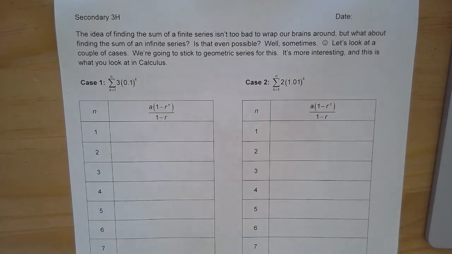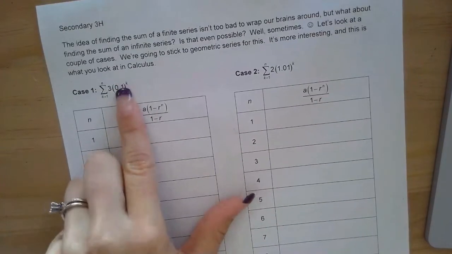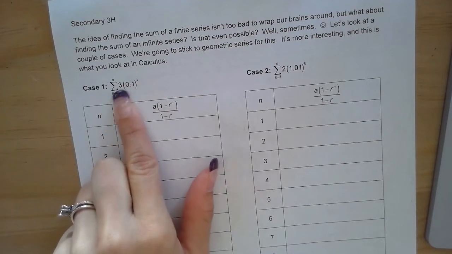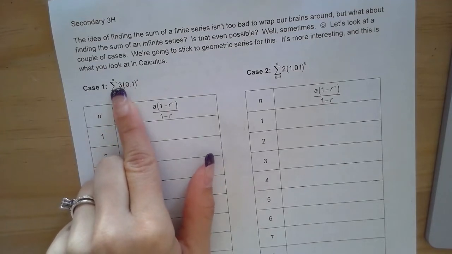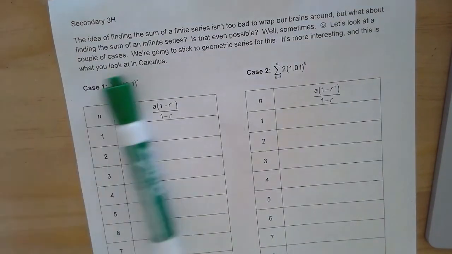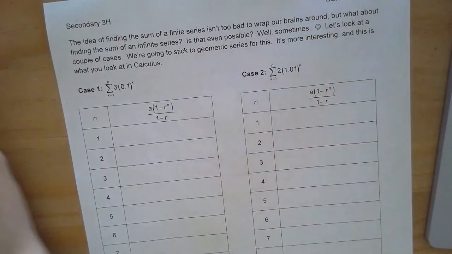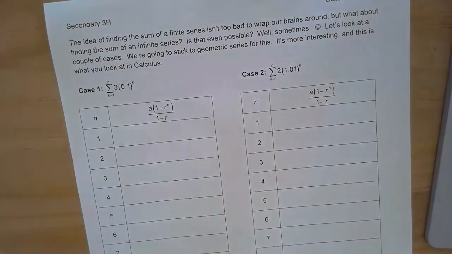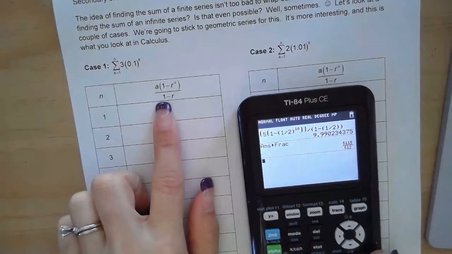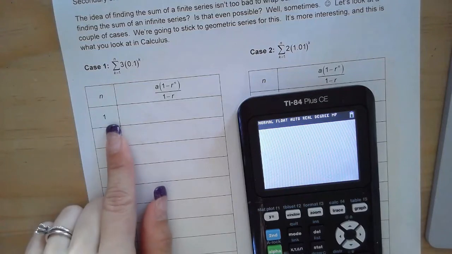So let's take a look at a couple cases here. What I want you to notice right away, guys, is that this is not k minus 1. This is k. So this is not the first term. What we're going to do right now is plug all of these in our calculator. Sorry, I lost my calculator, guys. I'm going to plug it into this equation right here and do each point.